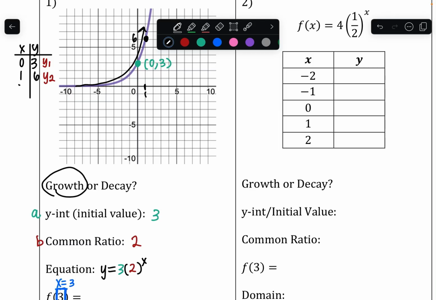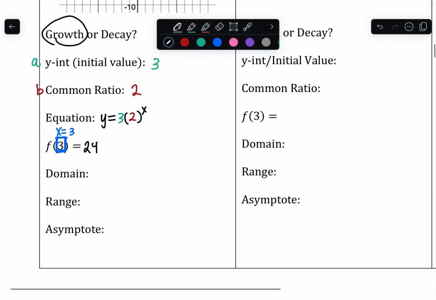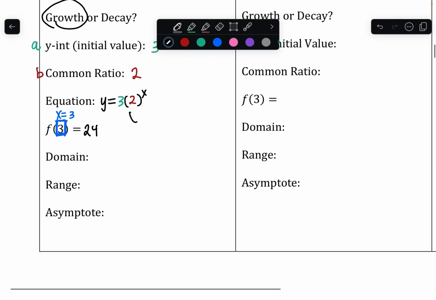We would go to 2, then 3 in the x column, and we just continue multiplying by 2. That would take us to 12 and then to 24. And so f of 3 is equal to 24. The other way to do that is to take your equation and substitute 3 for the x value.